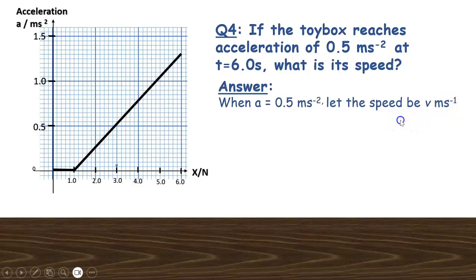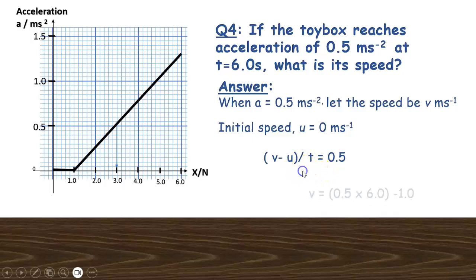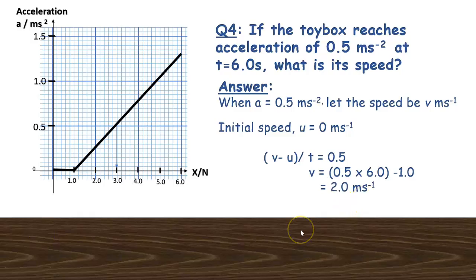Since we know that this toy box accelerates from rest, its initial speed is 0 meters per second. Using the formula for acceleration, we can calculate its speed at that instant to be 2 meters per second. Isn't this very interesting that we can apply our knowledge of both kinematics and dynamics in the same question?